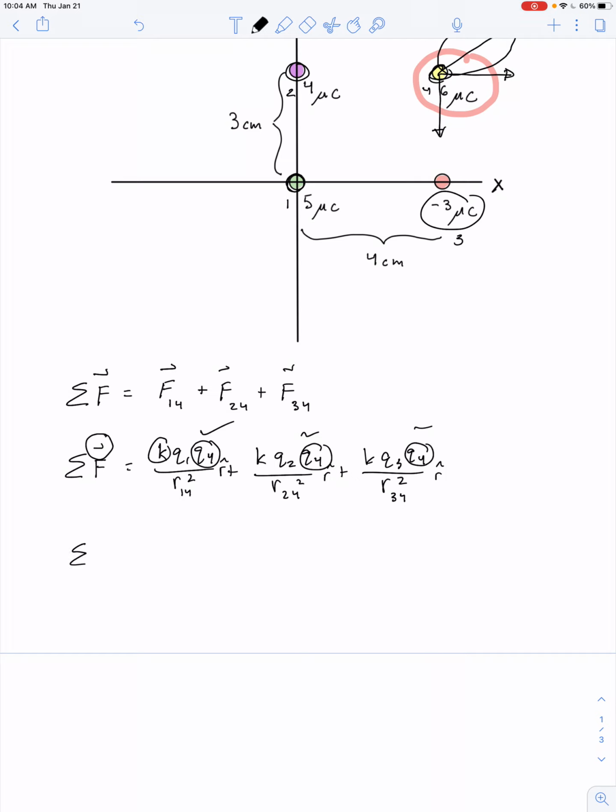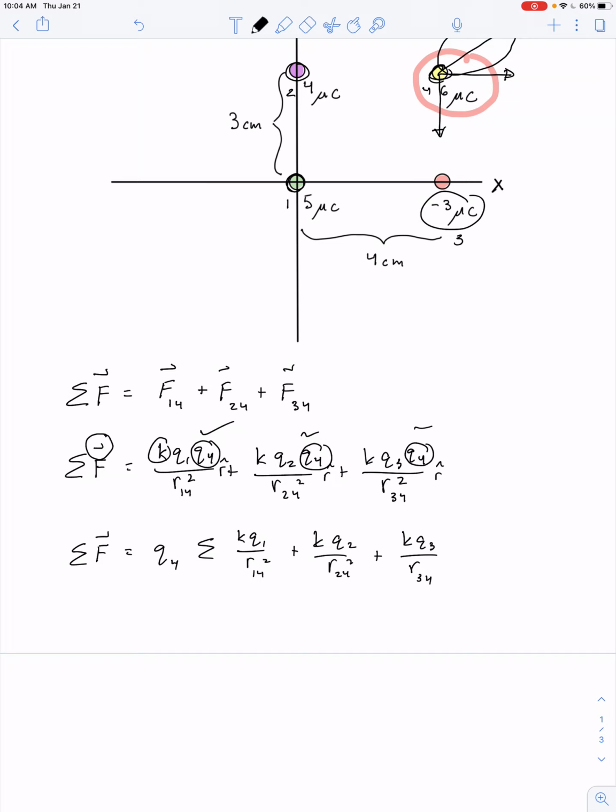We could say the net force is equal to charge number 4 times the vector sum of KQ1 over R1 squared plus KQ2 over R2 squared plus KQ3 over R3 squared. I've changed my notation a little bit here. I guess I can keep this R14, R24, R34.